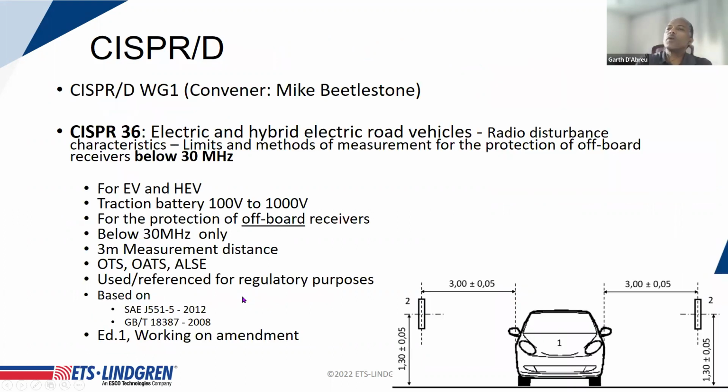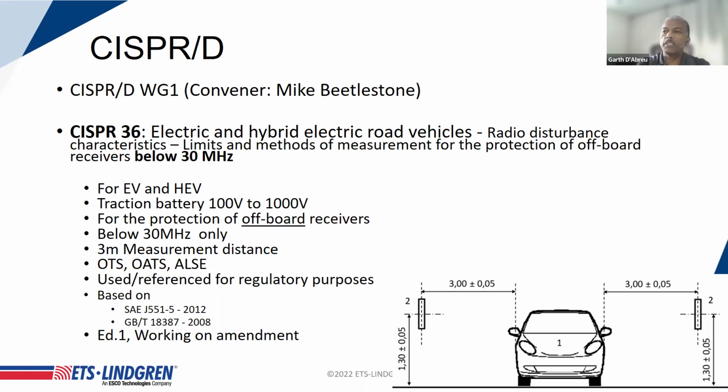CISPR 36 is one of the newer documents. It was published within the last couple of years, and this one's specific to electric and hybrid vehicles because it's concerned with the low frequency magnetic emissions from the drive components of electric vehicles. It's also aiming at protecting against emissions that affect off-board receivers.